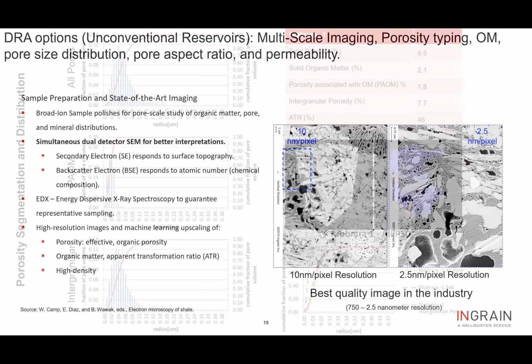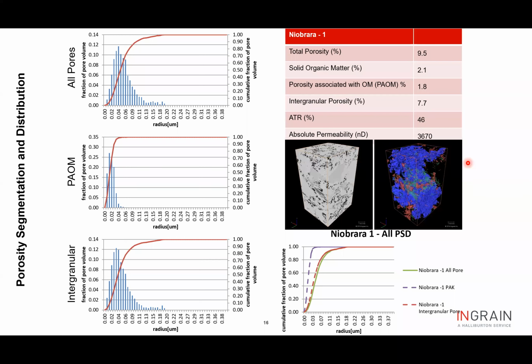This has a big advantage in understanding the different kinds of pores that are there in your rock. Now, how many of these pores are organic hosted, or how many of these pores are intergranular spaces, you can actually quantitatively know that and bring that information into your formation evaluation workflow, right?